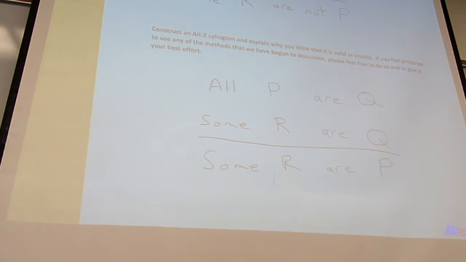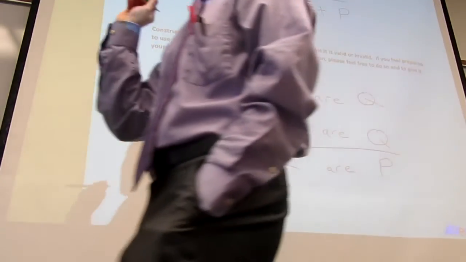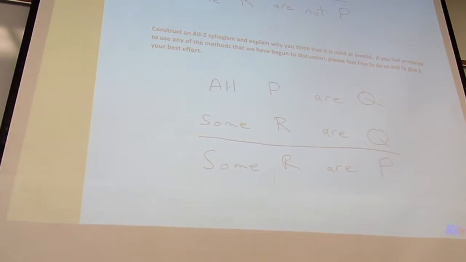Any guess what you can know without a doubt? It's invalid. If your premises are definitively true and your conclusion is definitively false, you can know that that structure is invalid, because the definition of validity says, if it's valid and its premises are true, its conclusion will necessarily be true.